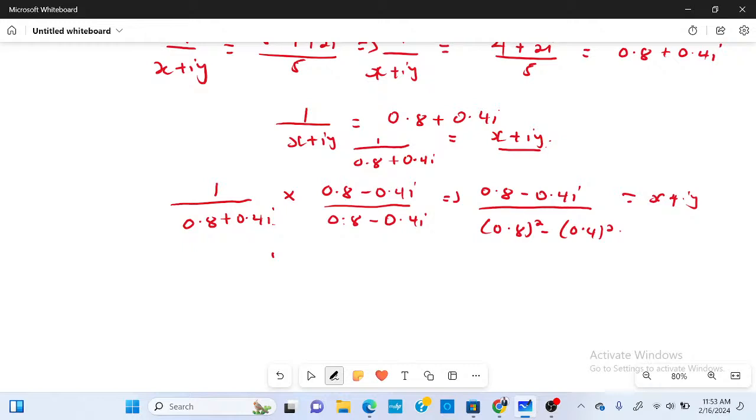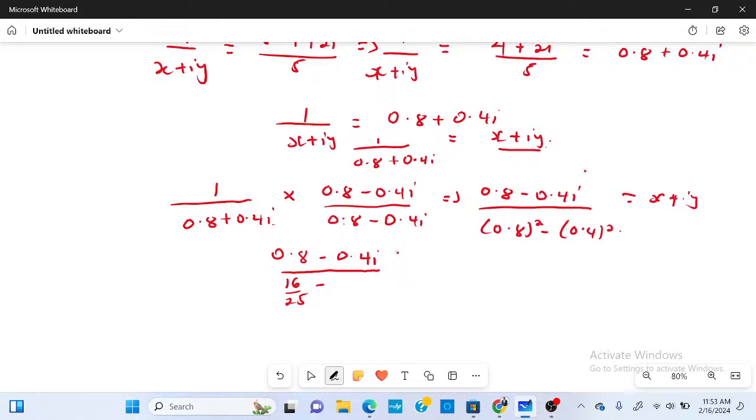So 0.8 minus 0.4i all over 0.8 all squared is what? Remember 0.8 was equal to 4 over 5. So I can make it 16 over 25. Minus 0.4 is the same as 2 over 5.